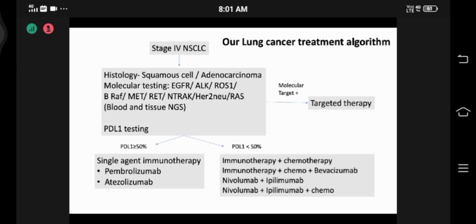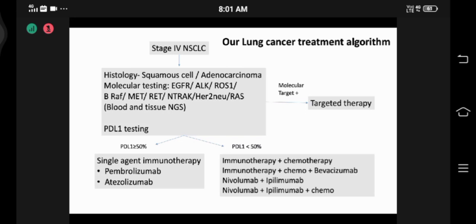We say the molecular test report is very important in lung cancer, and to wait for the report if the patient is asymptomatic. But if they are symptomatic, you can still start some form of chemotherapy. Now, if your molecular test is normal and your PD-L1 is high, we give immunotherapy. But if the PD-L1 is low, then we give immunotherapy plus chemotherapy, and this is our approach.